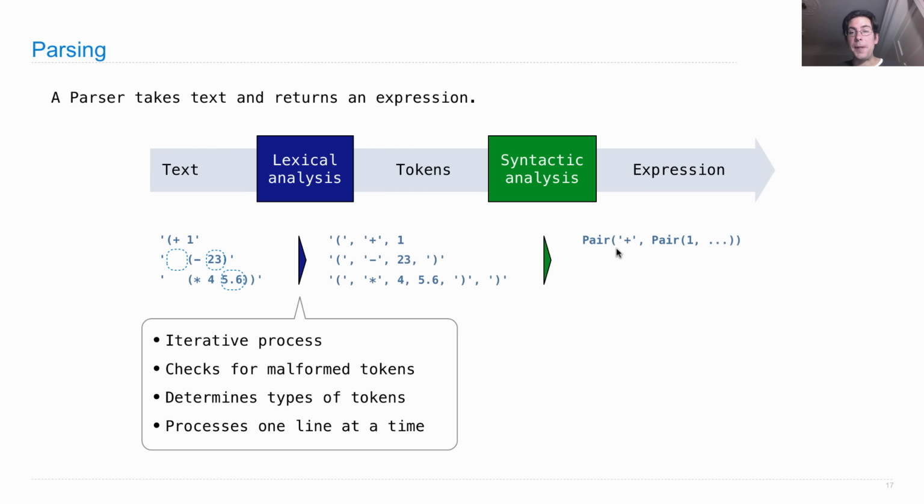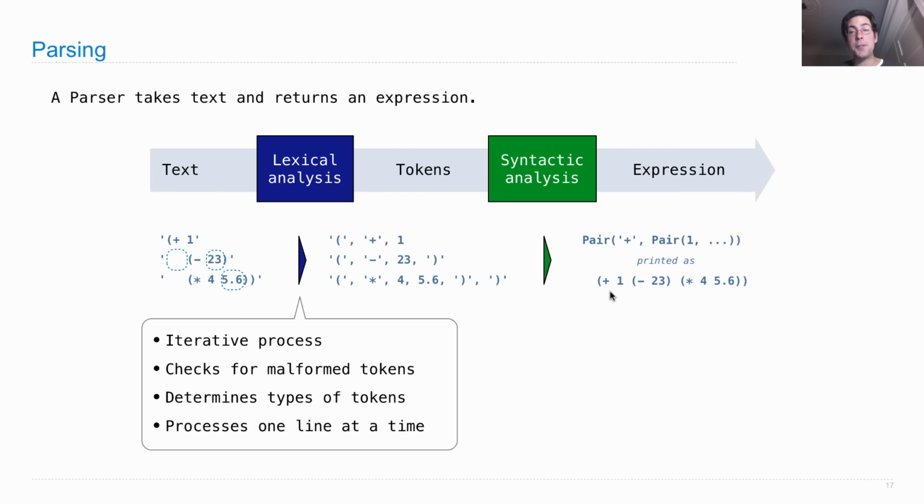So the result will be a pair where the first element is plus, and the rest of the pair is everything else in these 3 lines, which can be printed as plus 1 minus 2, 3 times 4, 5.6. Now, we've done more than just delete all the white spaces and put it on one line.